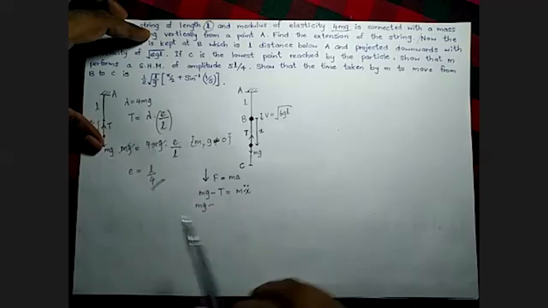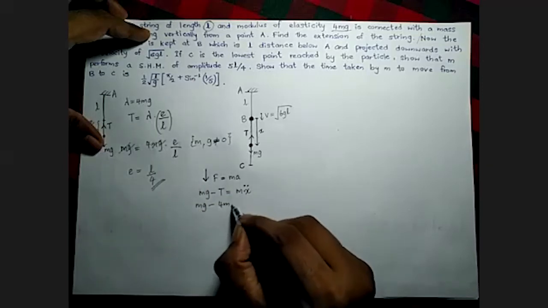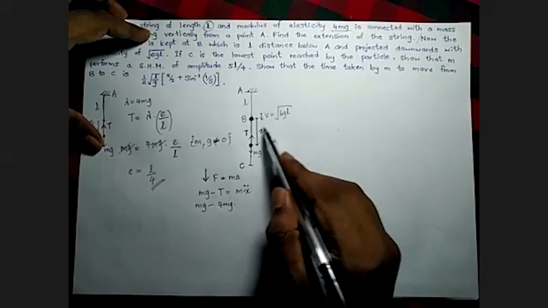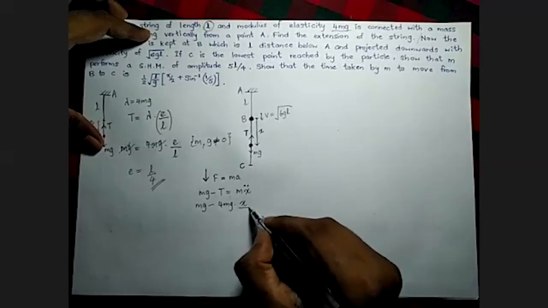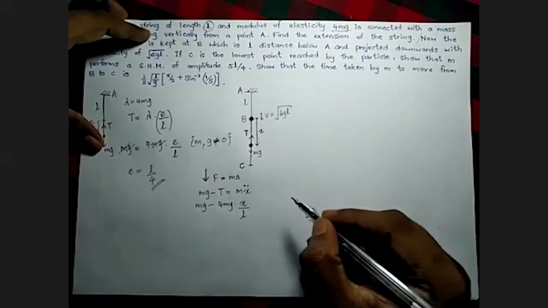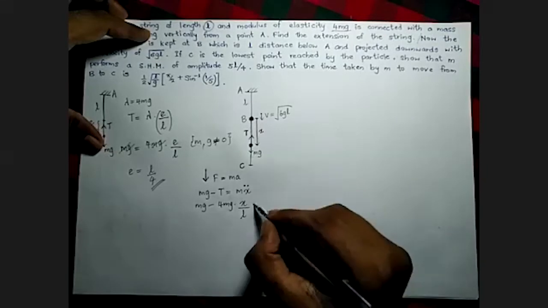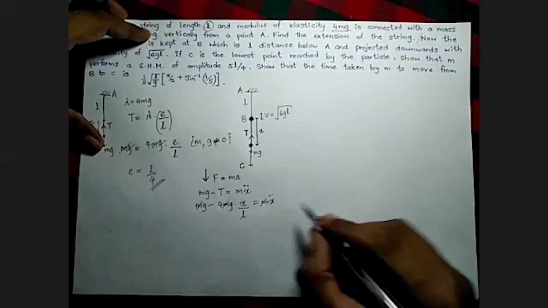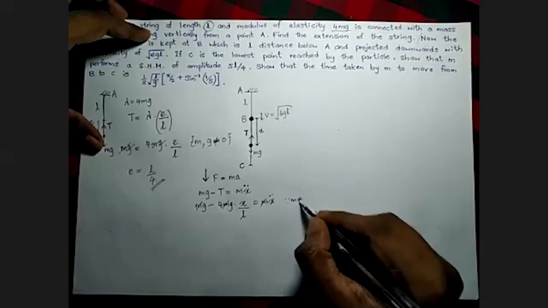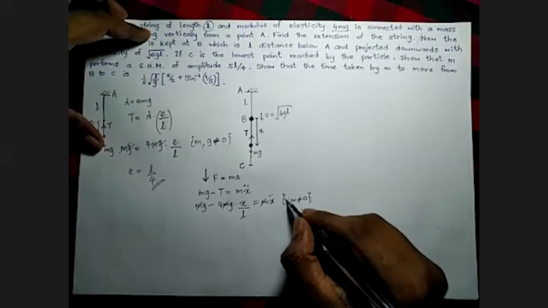What is the modulus of elasticity? 4mg into what is the extension now for this diagram? That is x. x over natural length is L. That is unchanged. m x double dot. Now we can cancel m on both sides. m not equals 0. You have to write that.